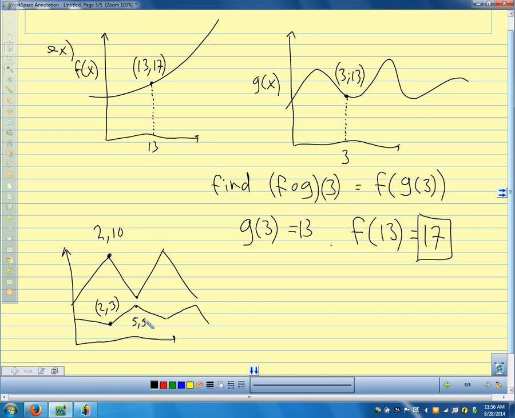That's 5, 5, and this point is 5, 6, etc. And this is f of x here on top, and this is g of x on the bottom. And the problem says find f plus g of 5.